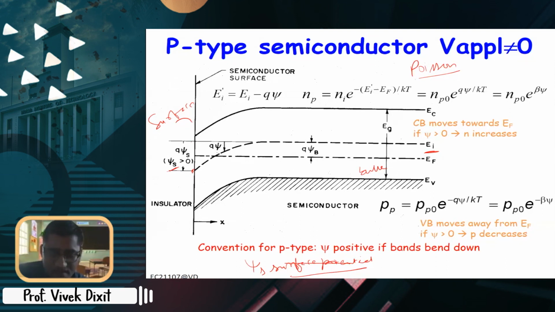So you can get the field here, and the charge will be epsilon times E, the field. So you can basically estimate the charge concentration here. So try to solve the Poisson equation and calculate the charge concentration at the surface. So that is your homework.